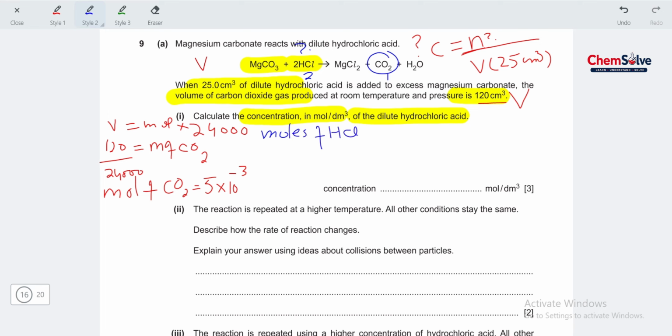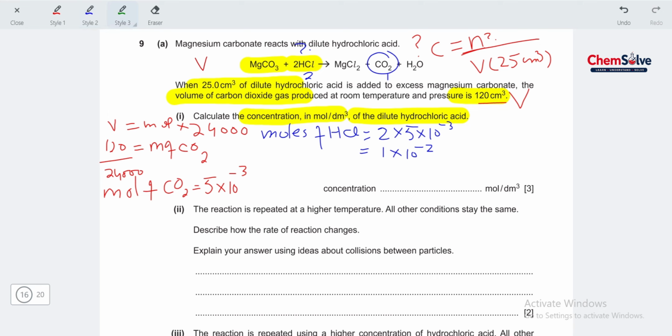Moles of HCl are 2 into 5 into 10 raised to power minus 3. So the answer would be 1 into 10 raised to power minus 2. Now we have calculated the moles of the HCl as well by using the stoichiometric ratio.